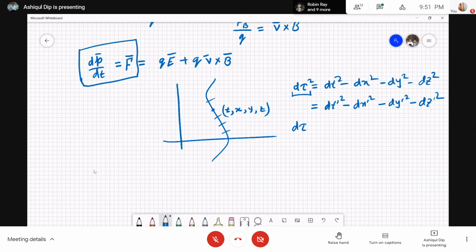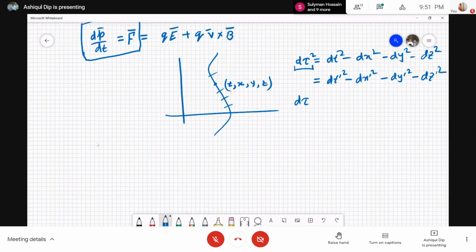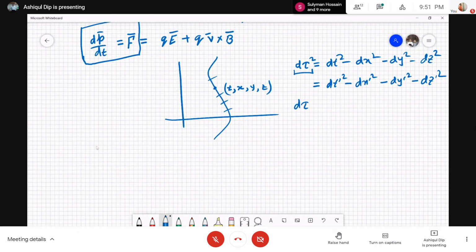Okay, so now we can define velocity the same way we defined it here. Our coordinates are t, x, y, z. Velocity is the point or event differentiated with respect to tau, the proper time, which is the parameter along the trajectory of that particle. That's what we define as our velocity vector.